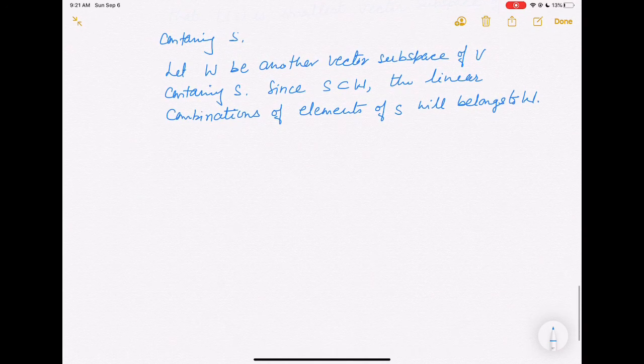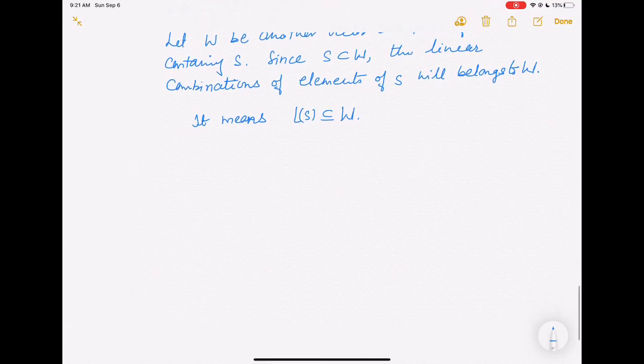It means L(S) is contained in W. It means if there is any subspace of V which contains S, it always contains L(S).